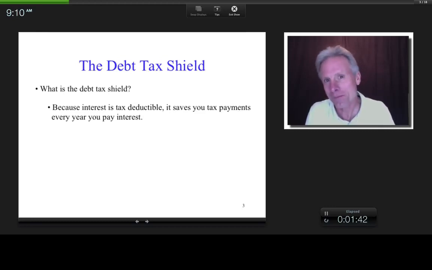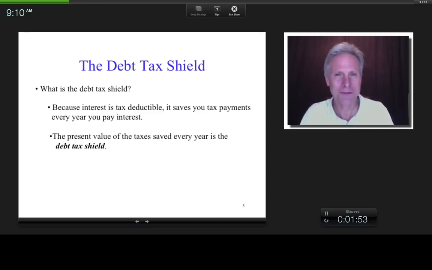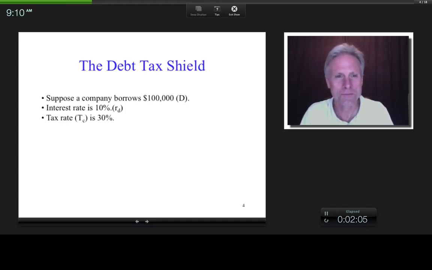And because of that, it's going to save you on your tax bill. So basically, it's going to save you on your tax bill every year, and the present value of all of those savings is what is known as the debt tax shield. So what I'll do is I'll make up some numbers and I'll also use symbols, and based on some assumptions, we'll develop a formula for the debt tax shield.